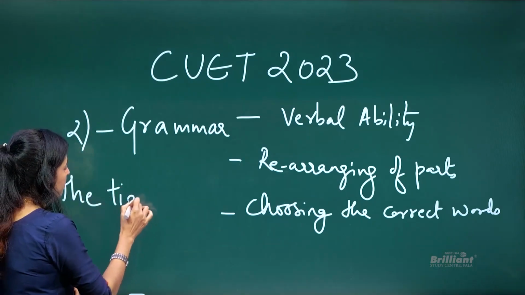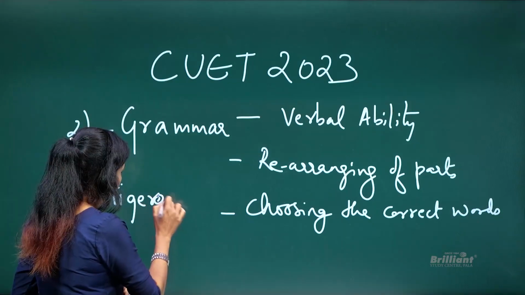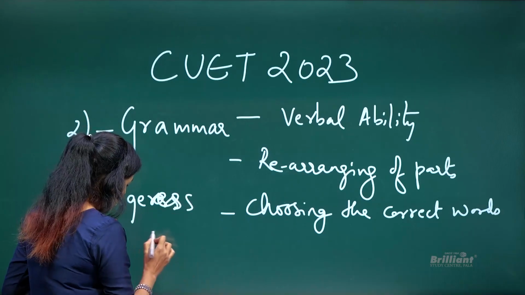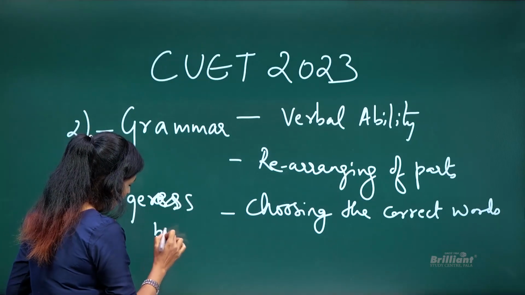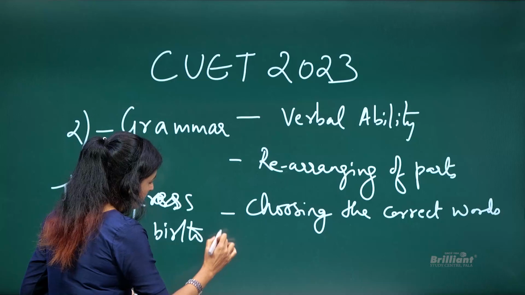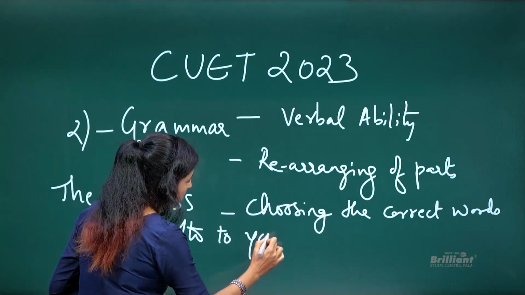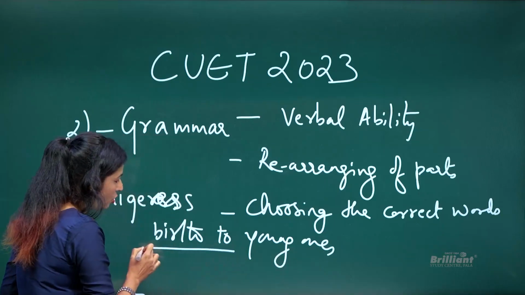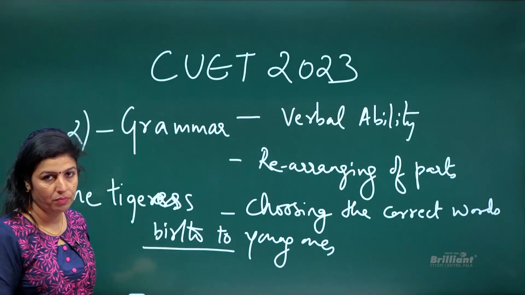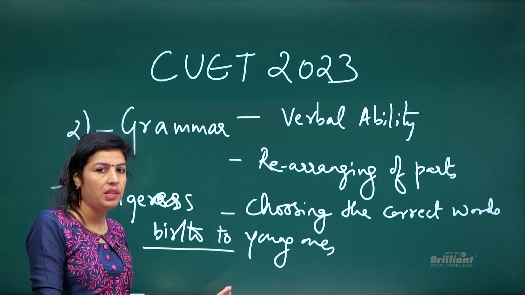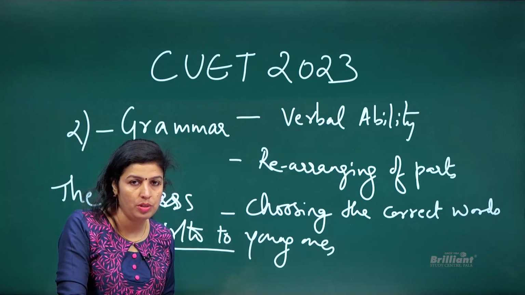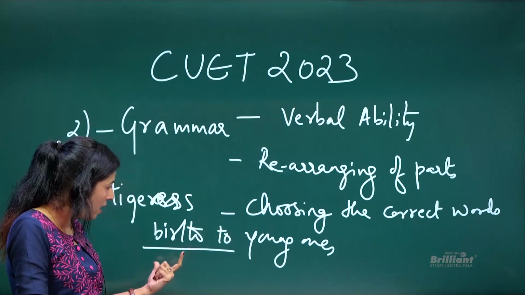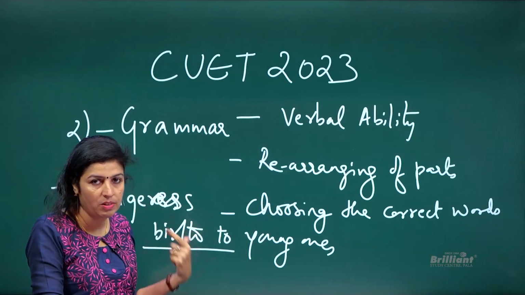the tigress, okay. Tigress, it's female, tigress, birth to young ones. And "birth to" was underlined. And then a few options were given from which you have to choose one, and then you have to substitute this part, and automatically the whole sentence will be rearranged.